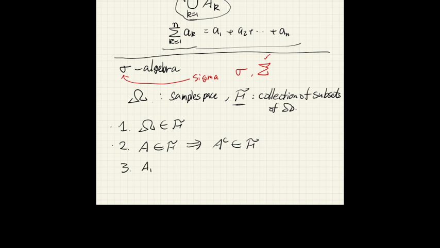If A1, A2, and infinitely many subsets are elements of F, then their countable union, with infinity here, is an element of F. So the only difference is here.